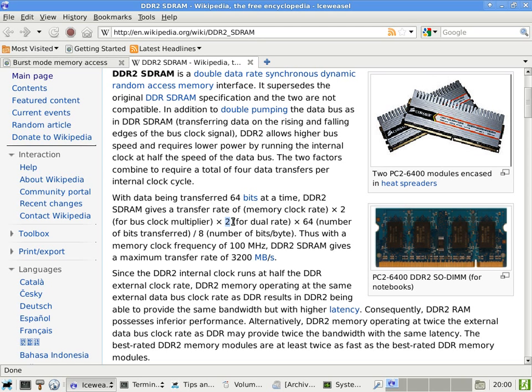Right. So with a sine wave here, one wave is from here to here. This is one period. But with a square wave, because the processor uses a square wave, one clock is from here to here.